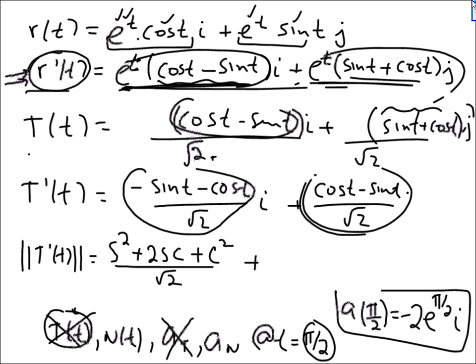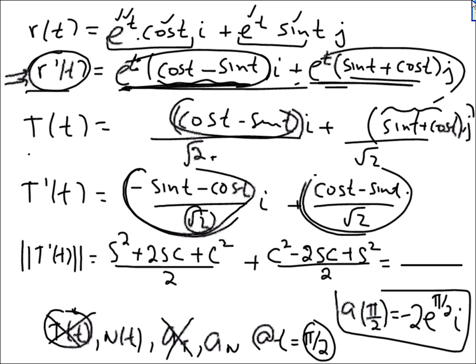You get cosine squared minus 2 sine t cosine t plus sine squared t. And I square it, so the bottom should be 2. Okay, so I have two fractions with 2's in the bottom.